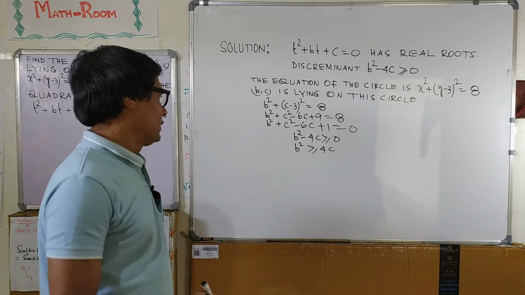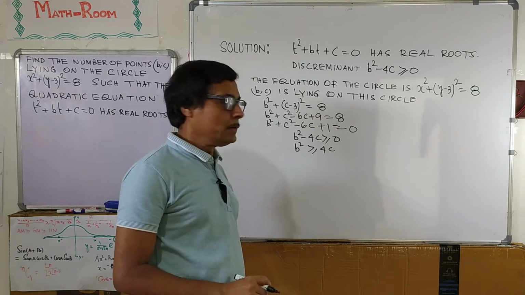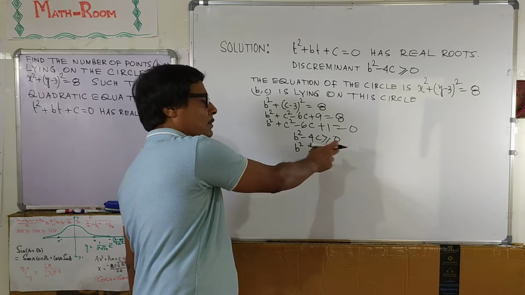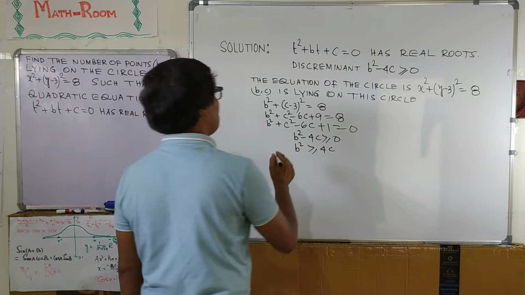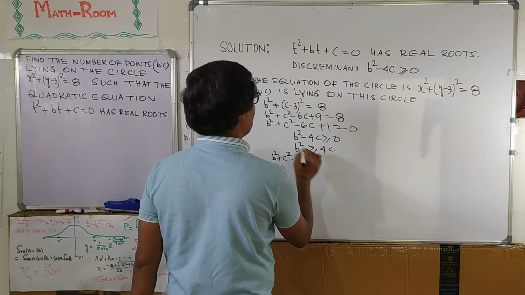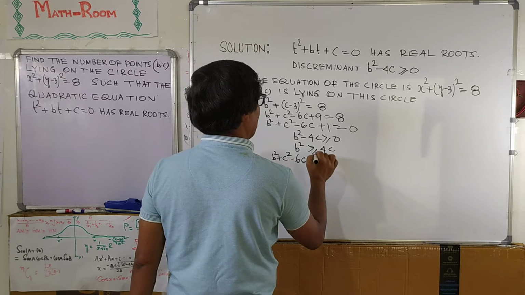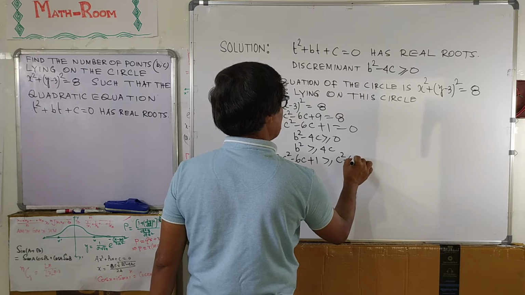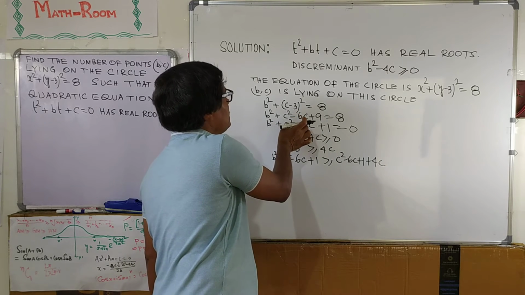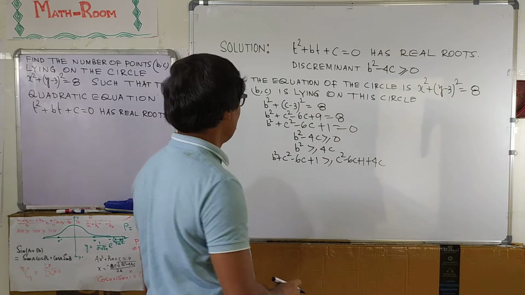If we add the expression c squared minus 6c plus 1 to both sides of this inequality, b squared greater than or equal to 4c, we get b squared plus c squared minus 6c plus 1 greater than or equal to c squared minus 6c plus 1 plus 4c.